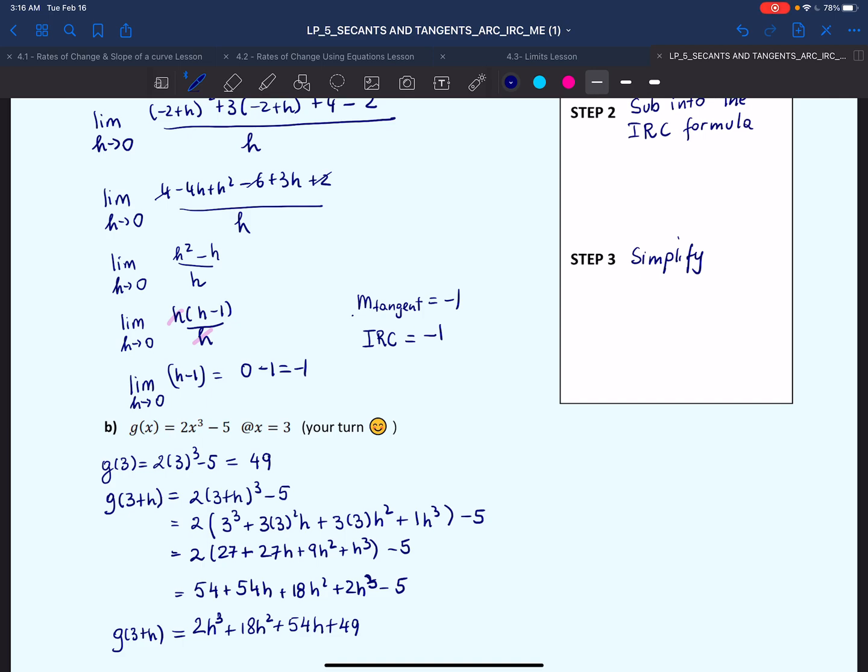So now we have to substitute into the formula and evaluate. So this would be our step 1 here and step 2 here. So in step 3, we'll substitute everything in.